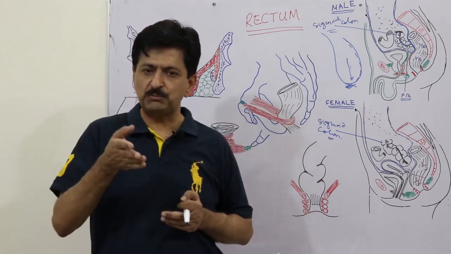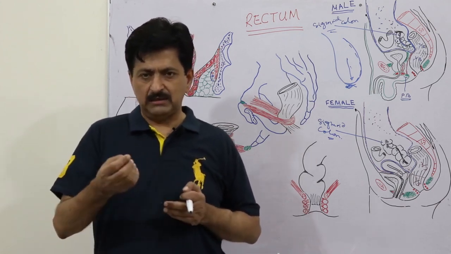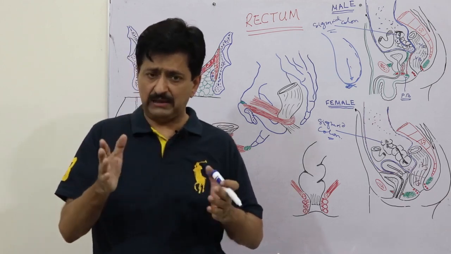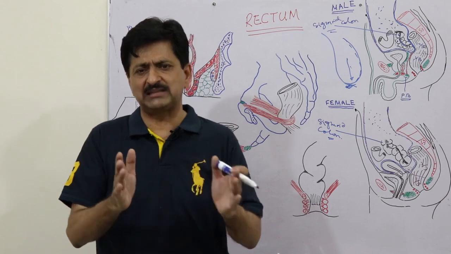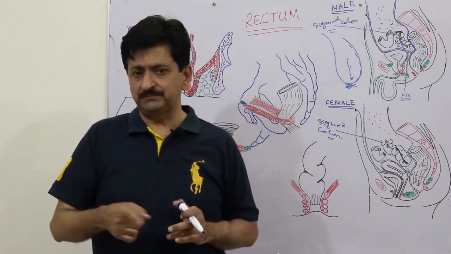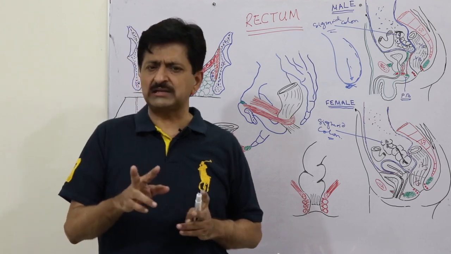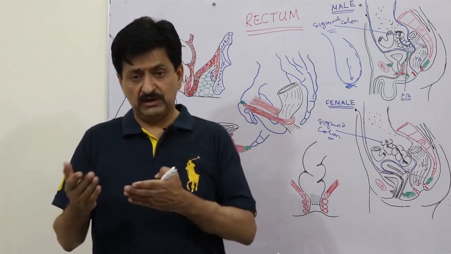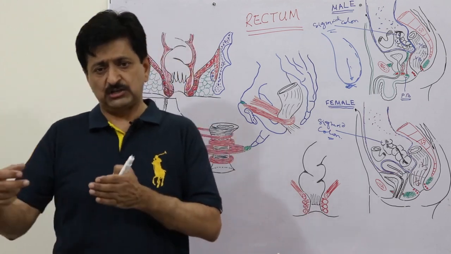You know already that muscle names are like their function. Muscle names are put like this: initially the function, then the organ upon which the function is being done, and if the two words are enough, then the third word is not required. But when the third word is required, then it has to be put here.